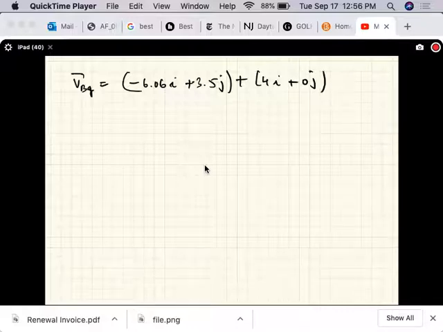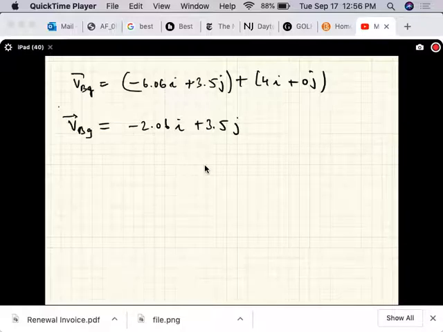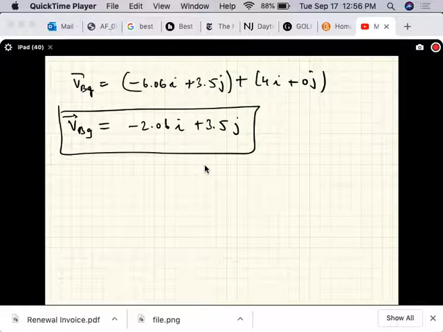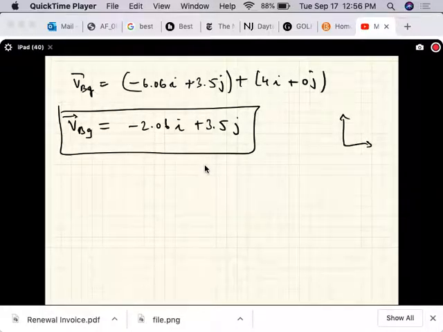So this is minus 2.06i plus 3.5j. Okay, so if you drew this vector, there is the velocity of the boat with respect to ground. It still has an x component. It has a negative x component.